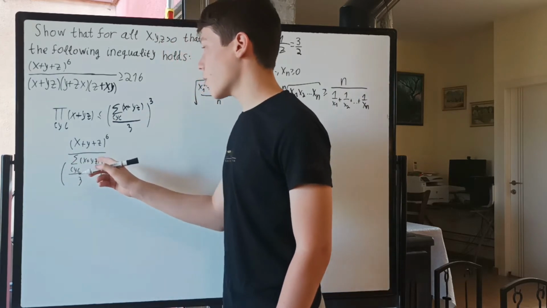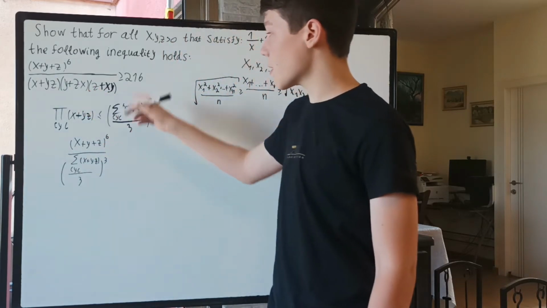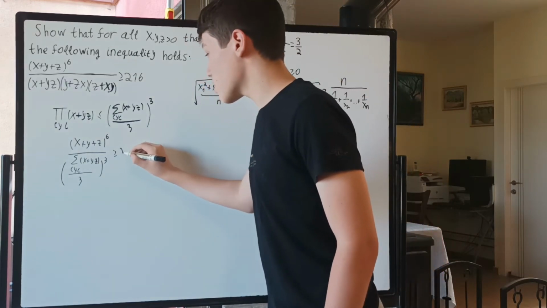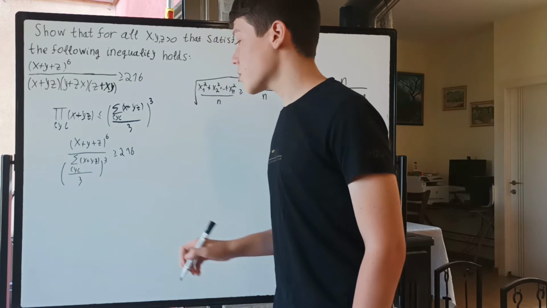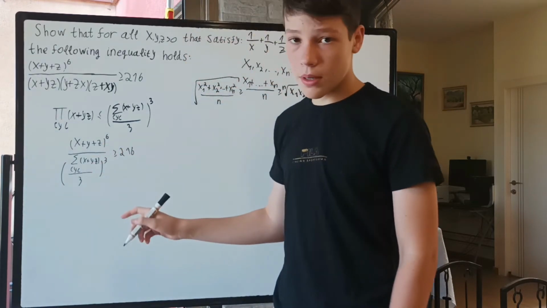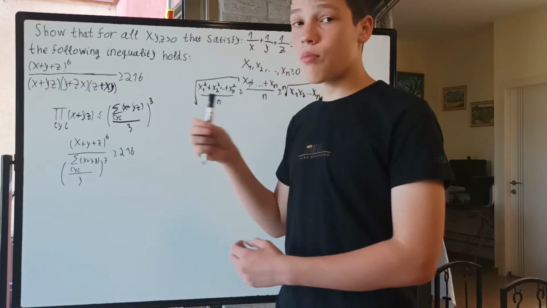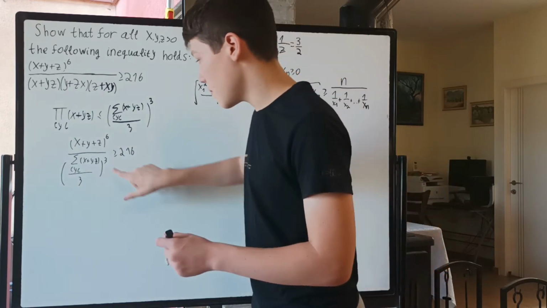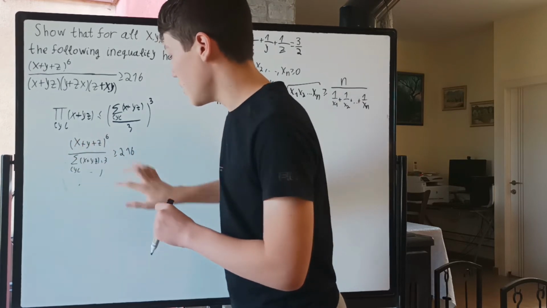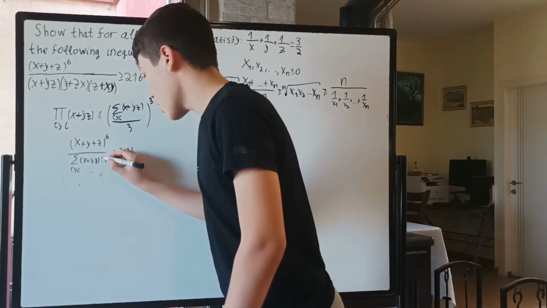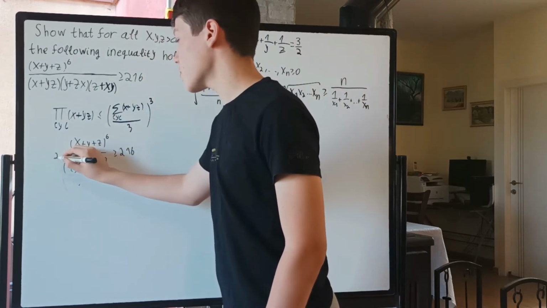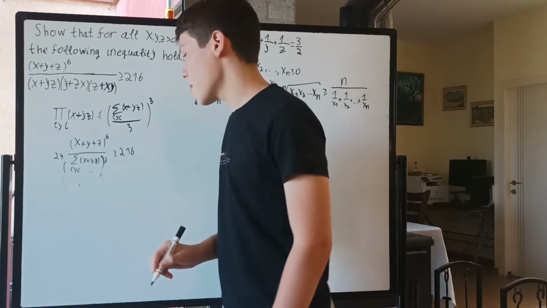So if we prove this is bigger than or equal to 216, we're done. So let's try and do that. First of all, we have a 3 cubed here in the denominator of the denominator, we can bring it up to be a 27. So this is just going to be this thing cubed, and we multiply this by 27.